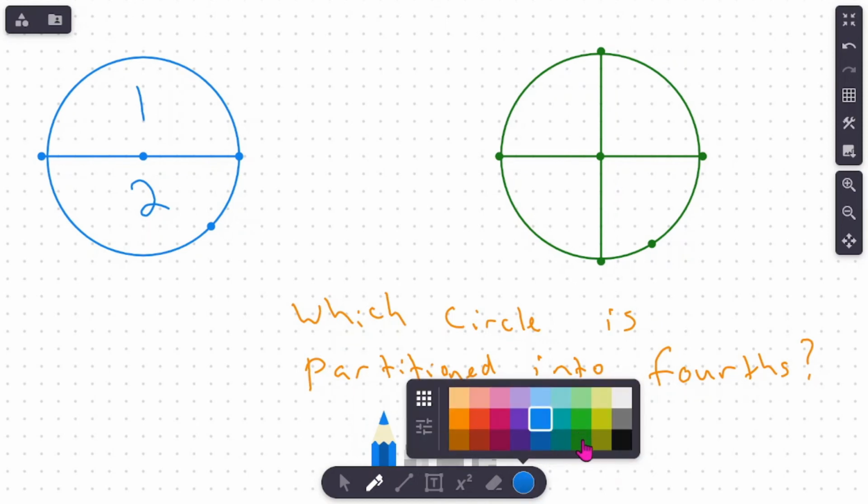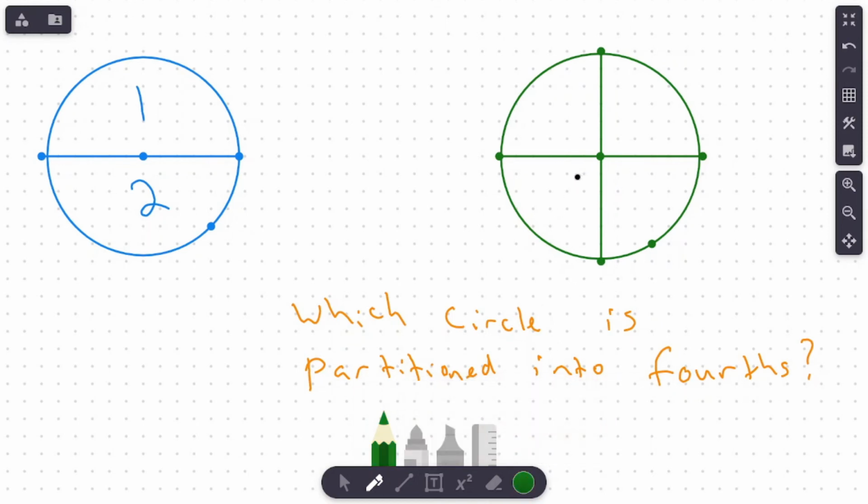Now, how many equal sections are you getting for the green circle? Let's look. 1, 2, 3, 4. So the blue circle was partitioned into 2 sections. The green circle was partitioned into 4 sections.